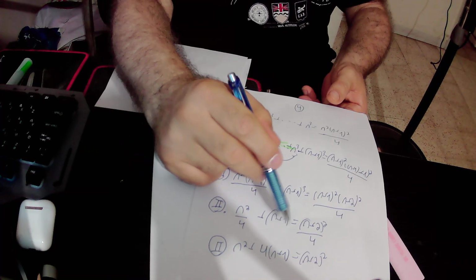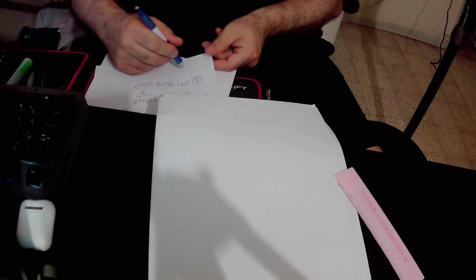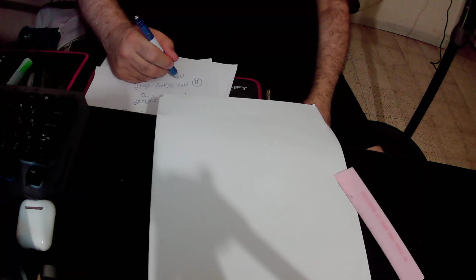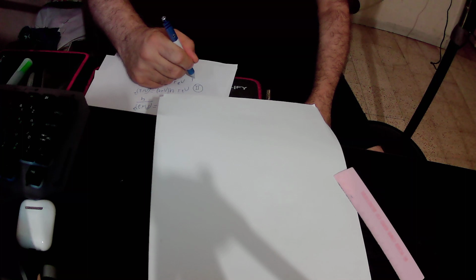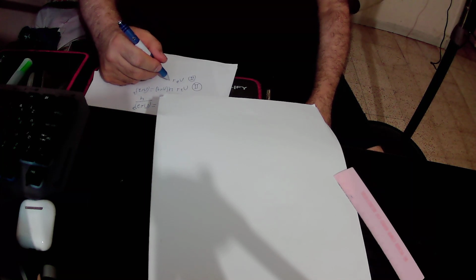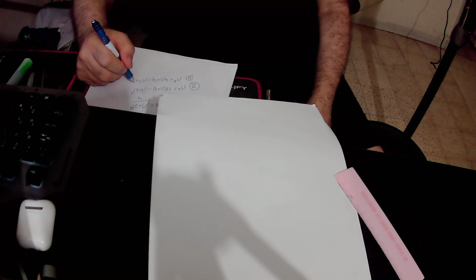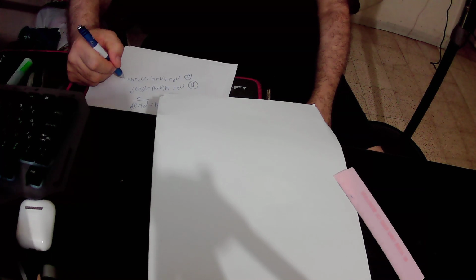So now we will open the brackets of both sides of the equation, and we will get n squared plus 4n plus 4 equals n squared plus 4n plus 4.